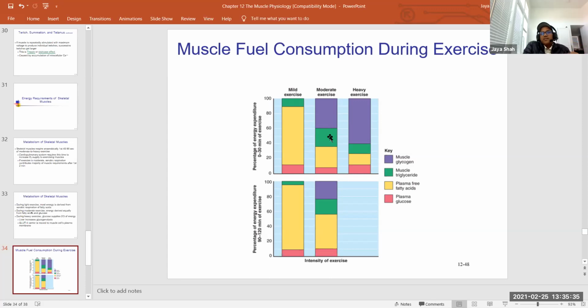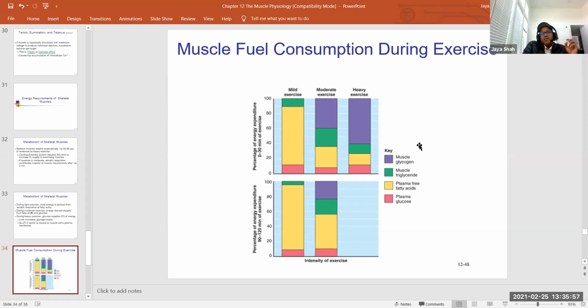Moderate exercise like mild running or fast brisk walking, still you do a lot of the free fatty acid, but most is muscle glycogen.